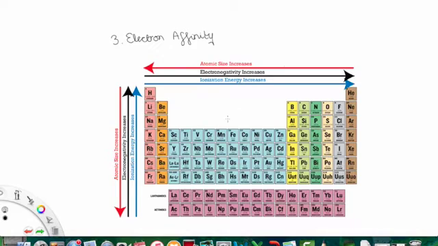So I can write this out as whatever element X in its gas form gaining an electron then becomes the negative form, and the electron affinity, energy EA, the energy of electron affinity, is equal to the energy of the original element minus the energy of the negative form.